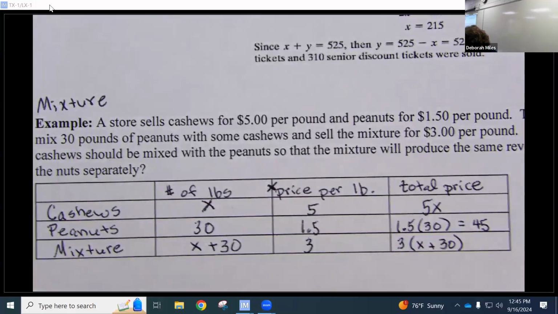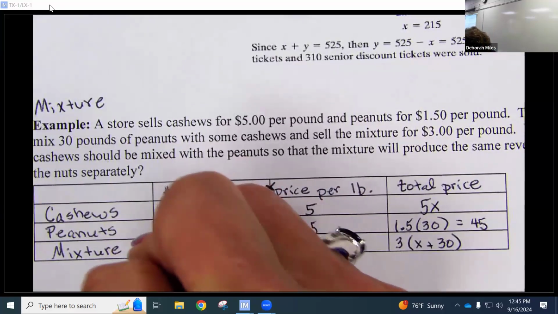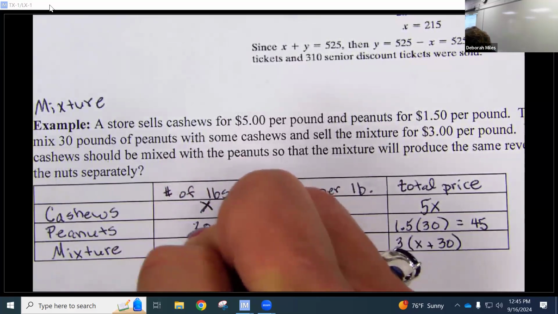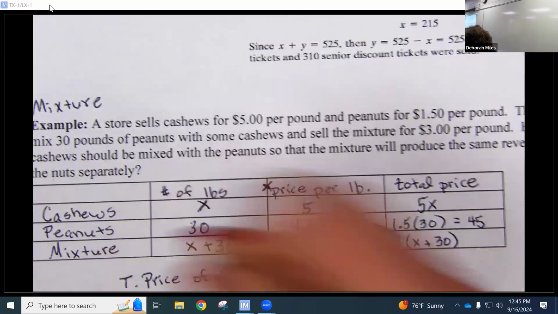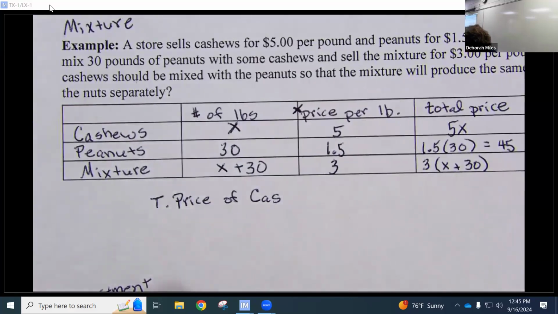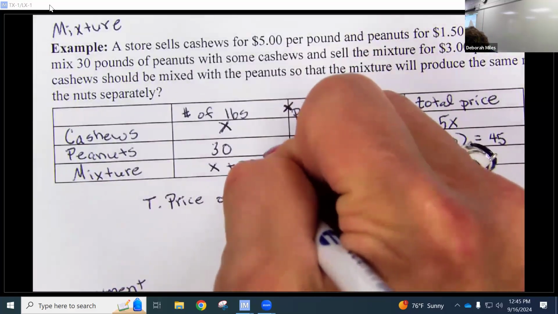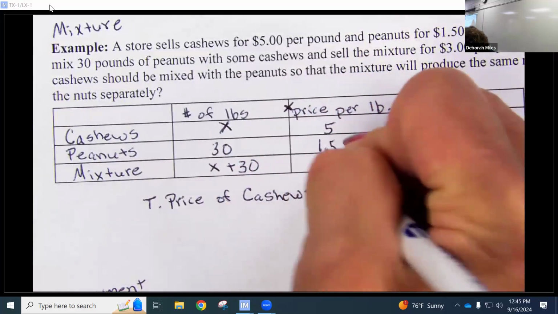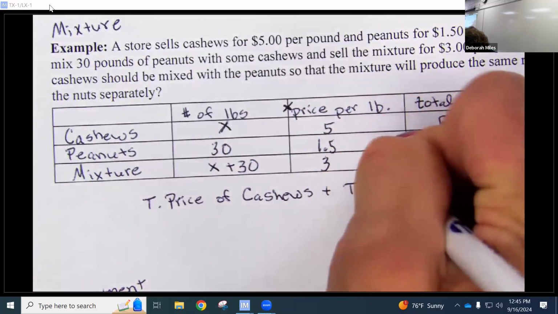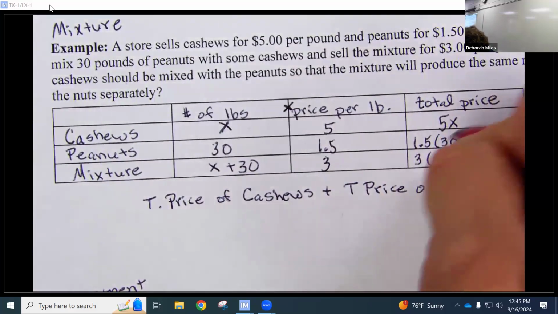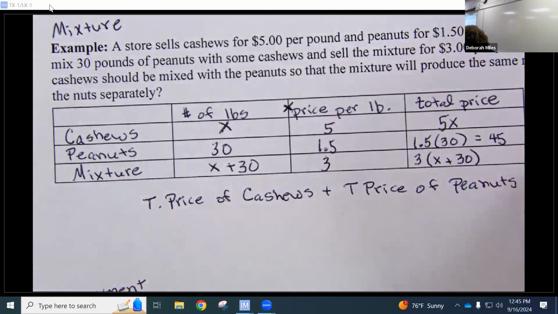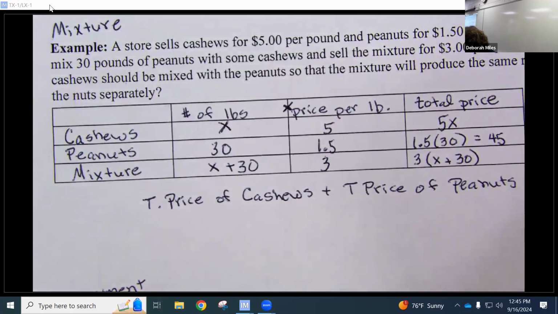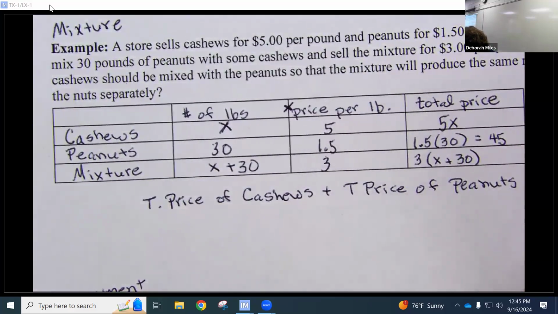This seems easier to me without 2 equations. My one equation is going to say total price of cashews plus total price of peanuts equals total price of mixture.